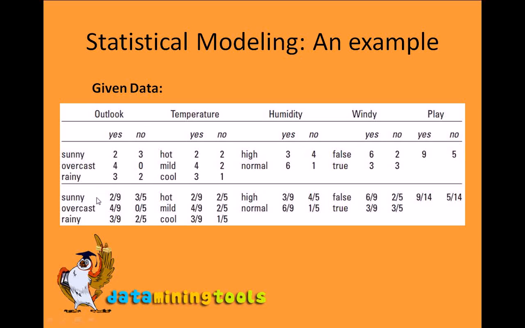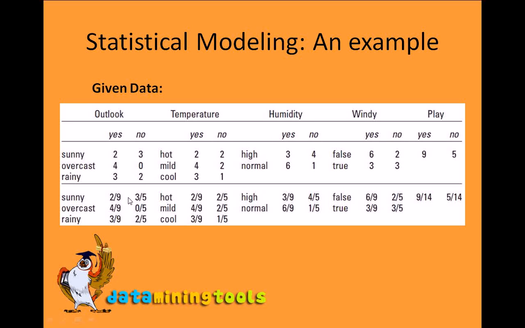In the lower half, we have basically plotted this data in the form of fractions. So suppose we take this value, 2 by 9. This is basically: when we have play equal to yes, how many instances are there with outlook equal to sunny? The answer is 2 out of 9. How do we get this? For play equal to yes, we have 9 instances.